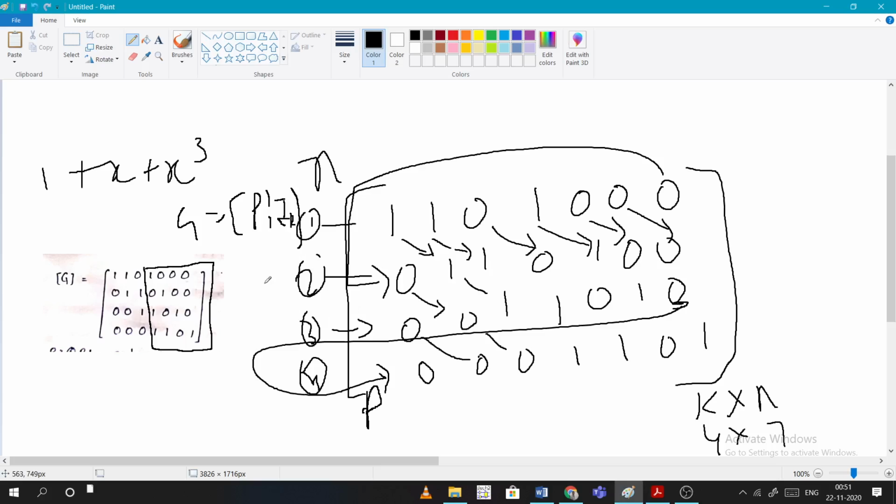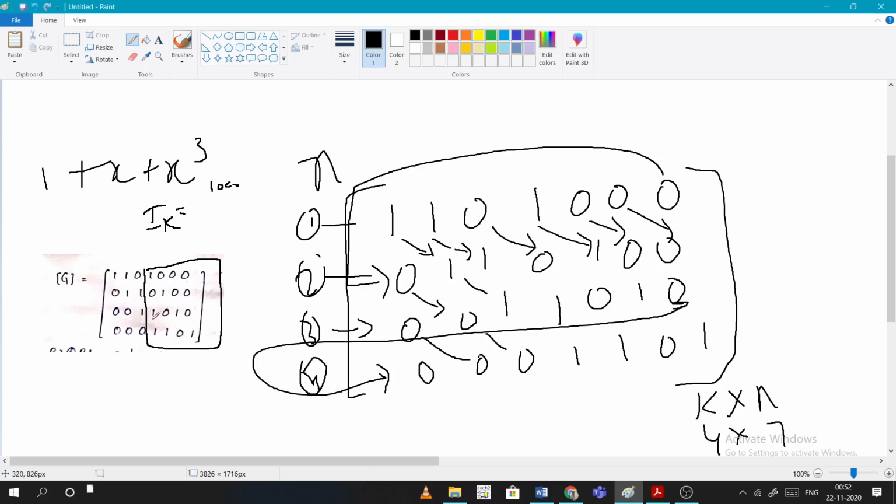So what we have to do: not all the elements are like that. See, it is I K, the identity matrix, that is 1 0 0 0, 0 1 0 0, 0 0 1 0, but here this is 1.